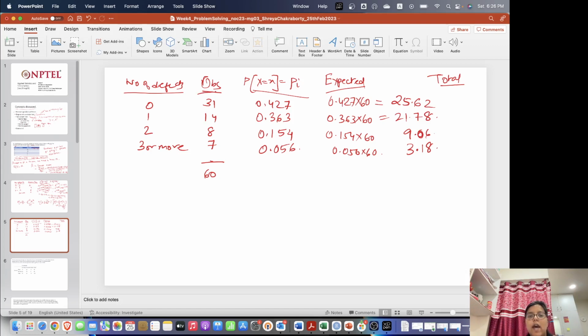So now we have our observed frequencies and the expected frequencies if we assume that the defects distribution is following a Poisson distribution.